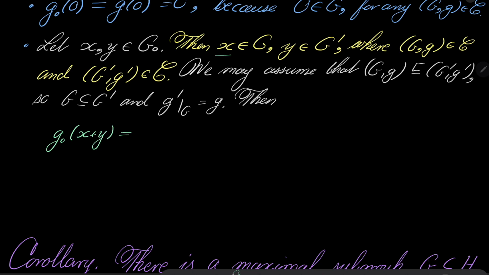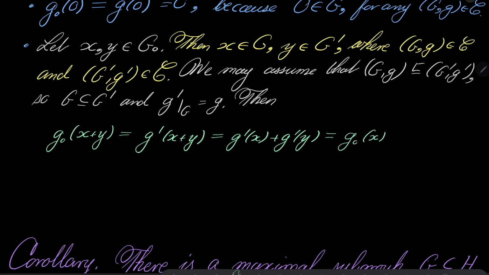Both elements X and Y are in G prime, so it can be written as G prime of X plus Y. But G prime is assumed to be a homomorphism, so it's G prime of X plus G prime of Y, which is actually, once again, G0 of X plus G0 of Y. I.e., our function G0 is a homomorphism.